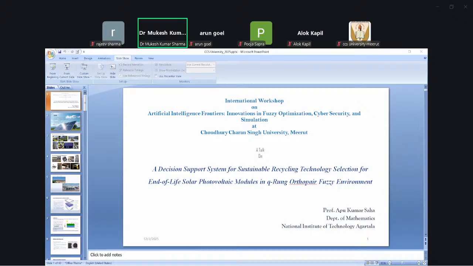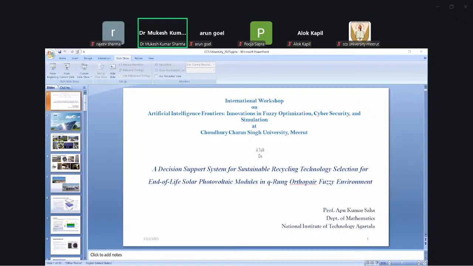Now results and discussion. Since this is a research paper, we know the most important part of a research paper is results and discussion. Mechanical design, disassembly, mechanical reassembly: how to do it? Just remove the aluminum frames, junction box, etc. Take the glass layer. Then delamination.